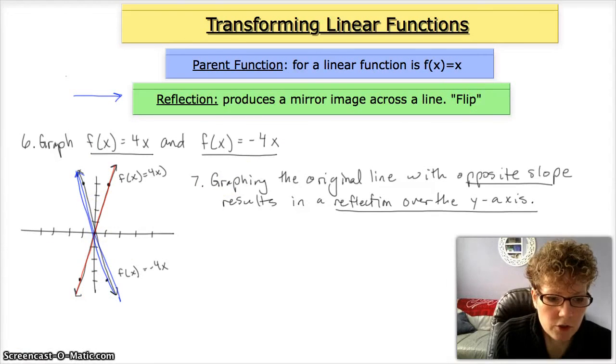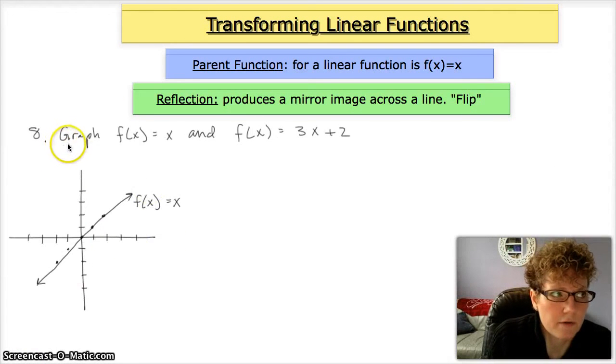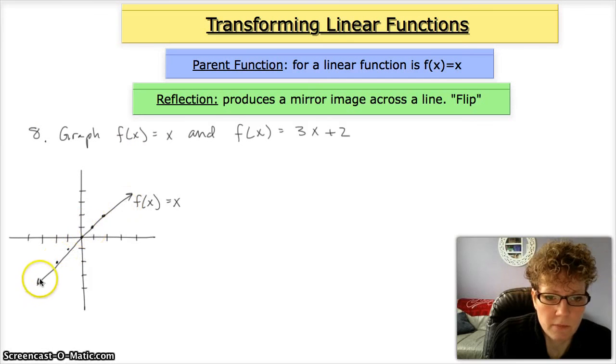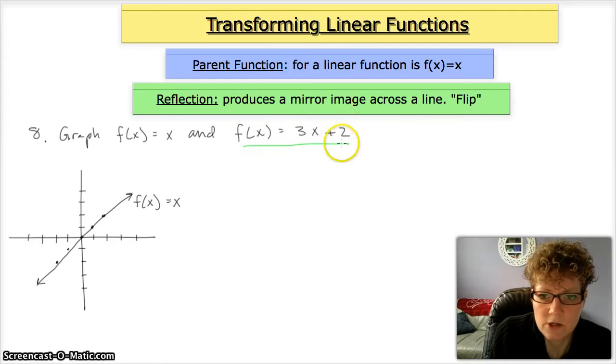It's a mirror image. Okay, now number 8 is asking us to graph f of x equals x. So again, that's the parent function. So I start at 0, I go up 1 over 1, draw in my line. Okay, and then I'm going to do f of x equals 3x plus 2. So this one has the y-intercept of 2.